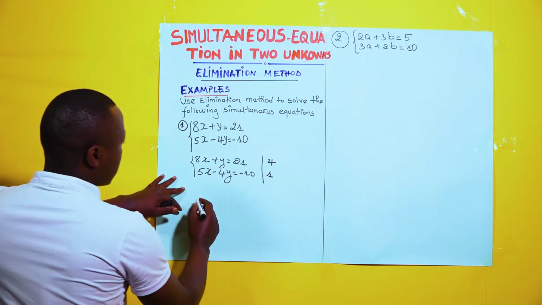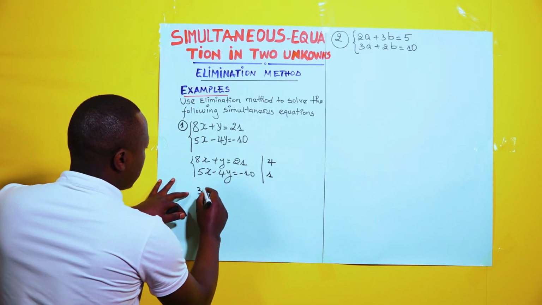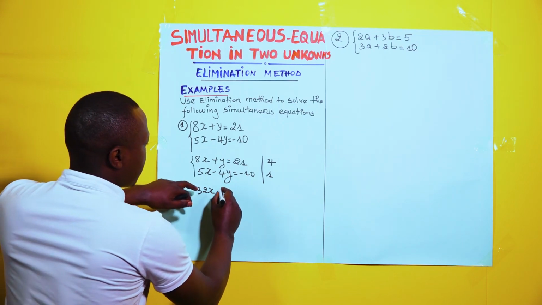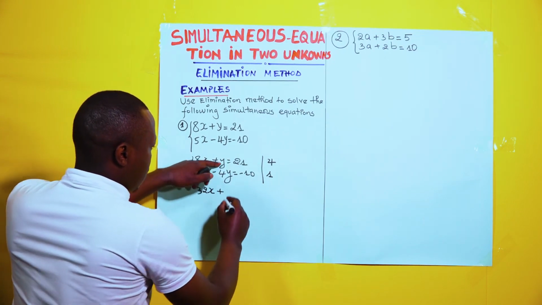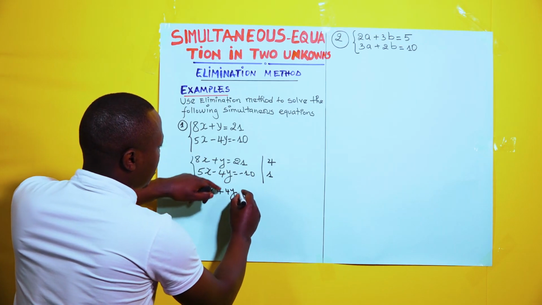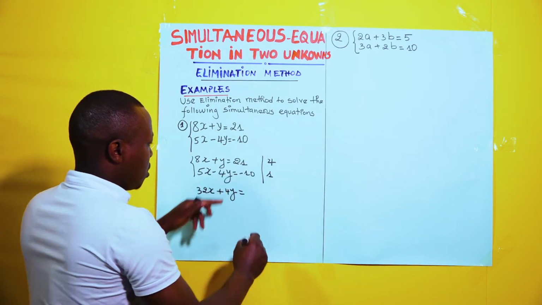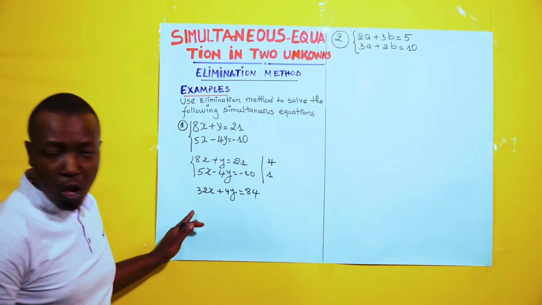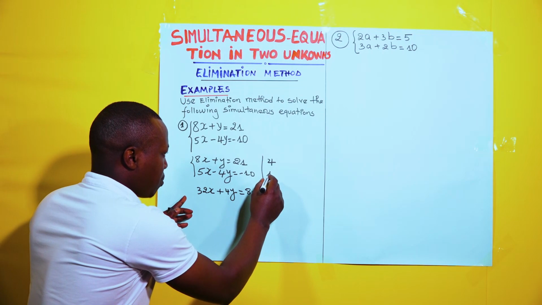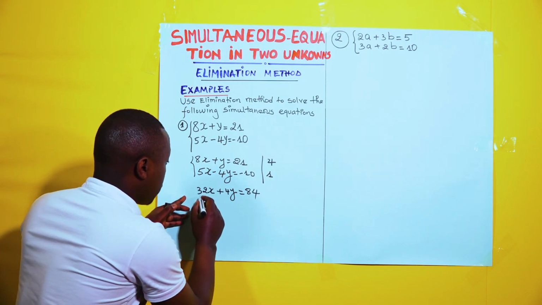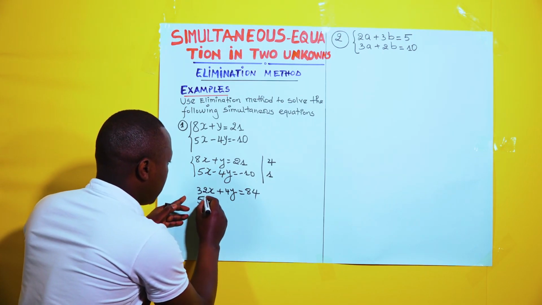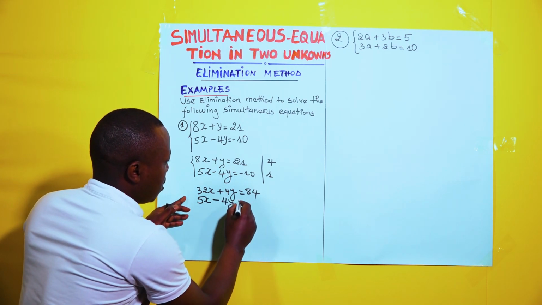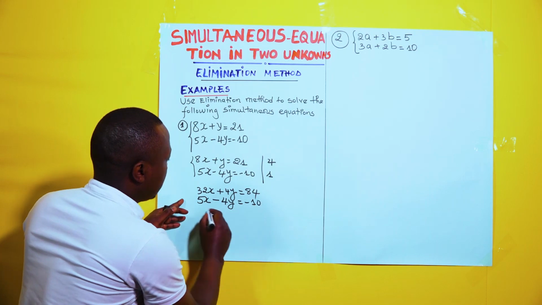The equation becomes 32x when you multiply by 4 here, plus 4 times y, it is 4y, right? Plus what? This is 84, isn't it? So now, when you multiply by 1 on equation 2, the second equation, it is going to be 5x minus 4y equals negative 10.